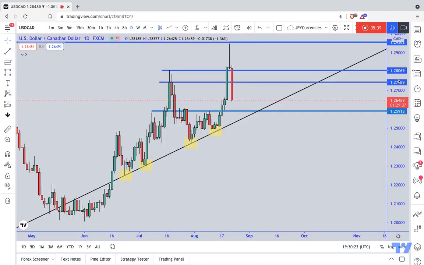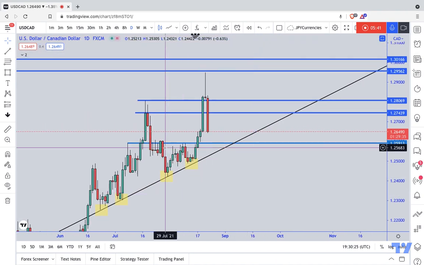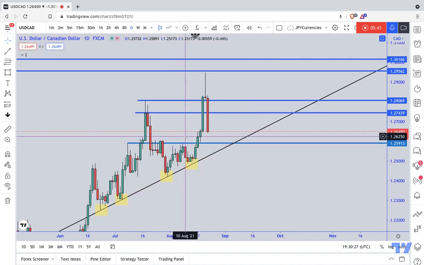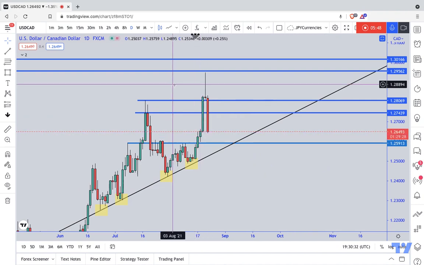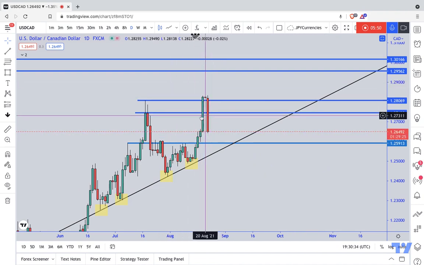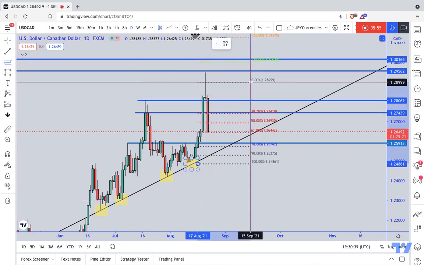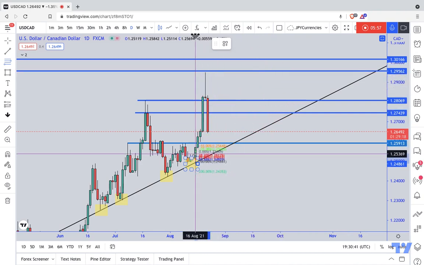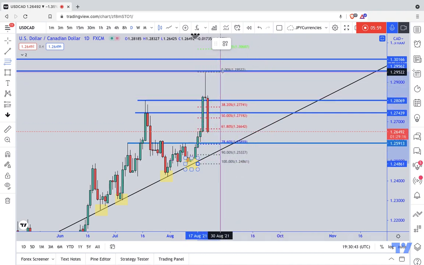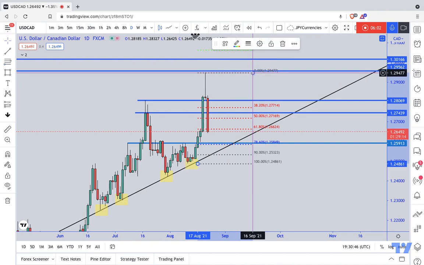What I expect is, I'm already long, for those who wanna know. If I show you from the 4 hourly, we can take the Fibonacci from the low here to the high here, and we can see that right now we are at the golden Fibonacci pocket, the 61.8 Fib level.